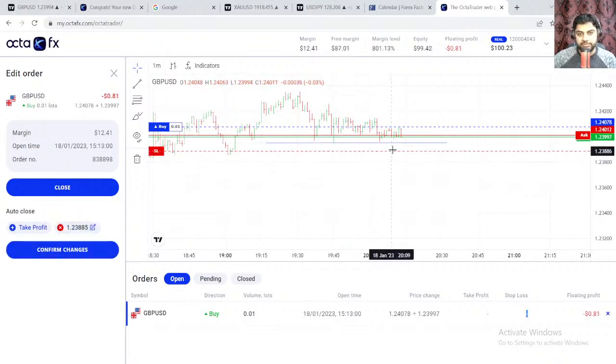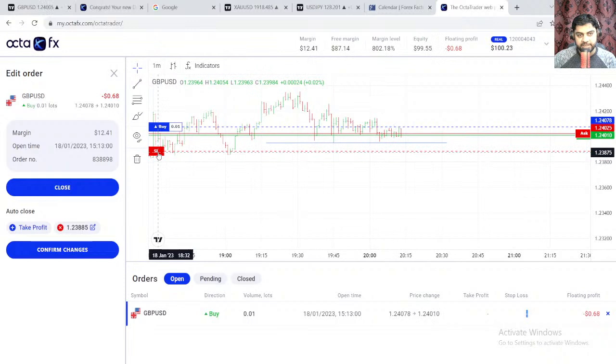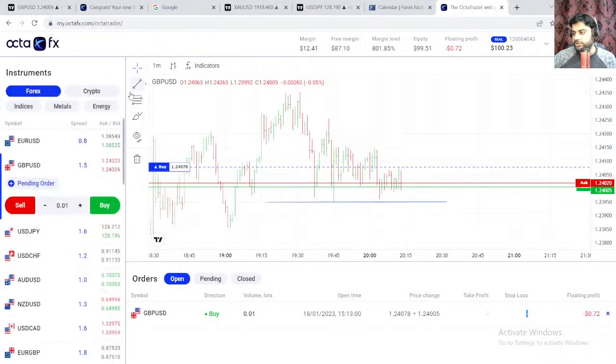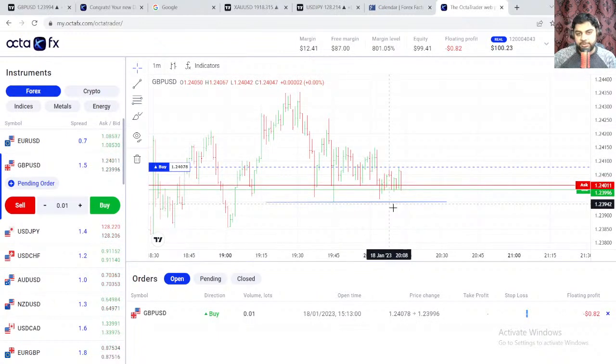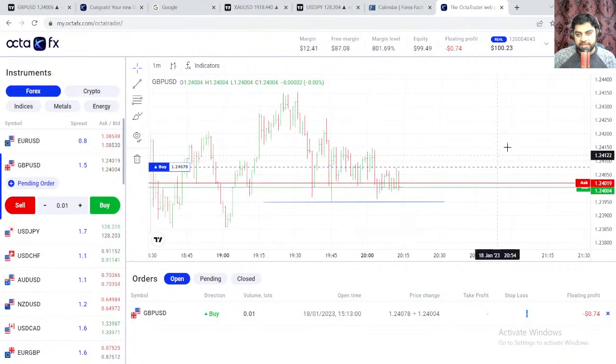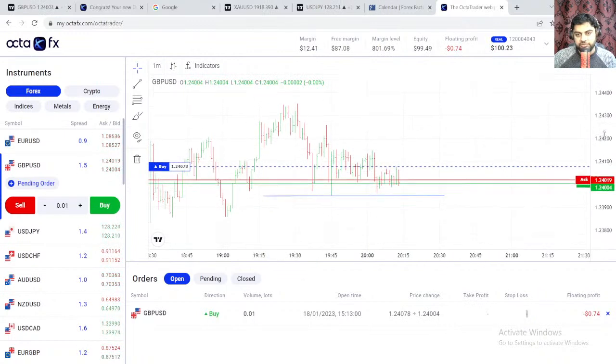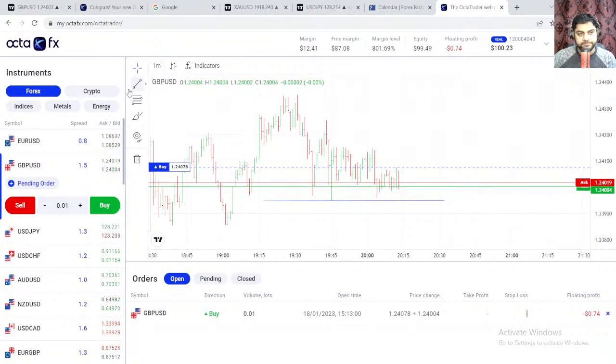So for example, my stop loss is around here. I can move this. I also want to put a take profit, so I will just put it over here. And now it's going down, okay? So I will see where I can move my SL and TP.